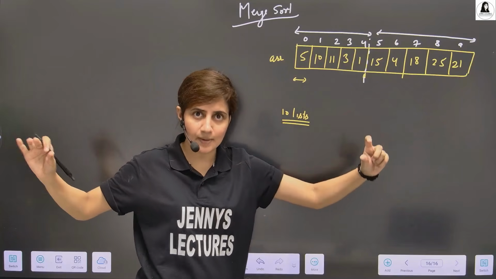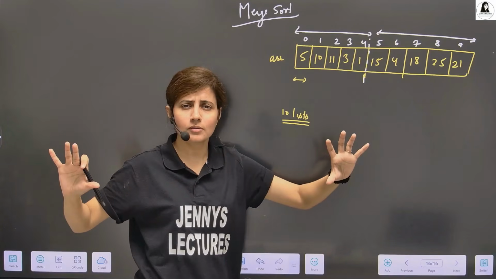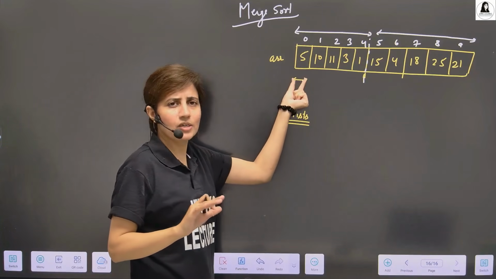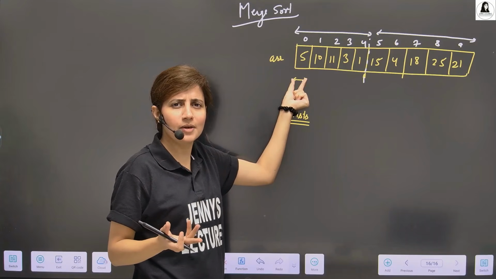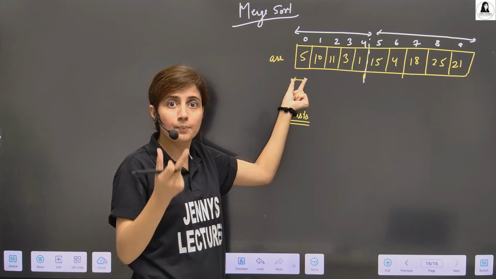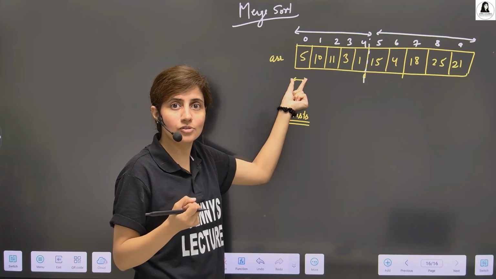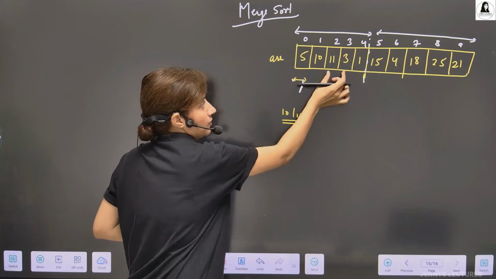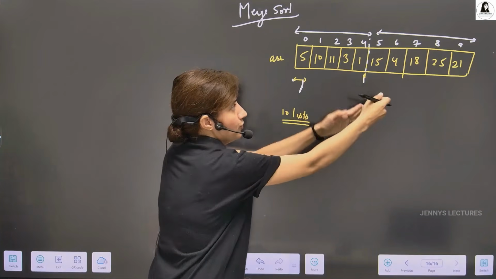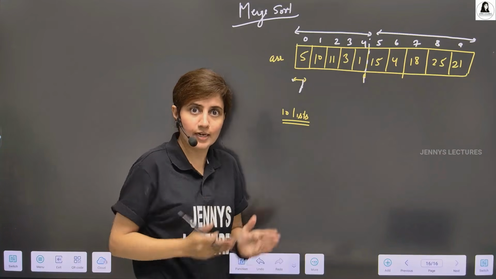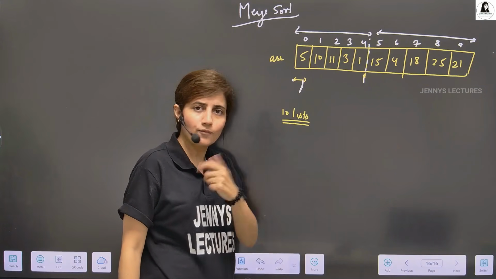Each list is sorted because it has only one element, and one element means sorted. Now I keep merging. I can merge these two lists, then these two, then further, and like this, at last you will get a sorted list.